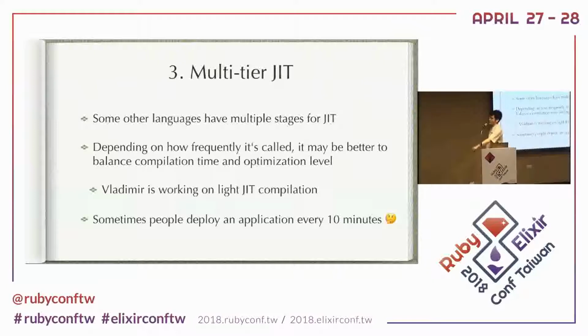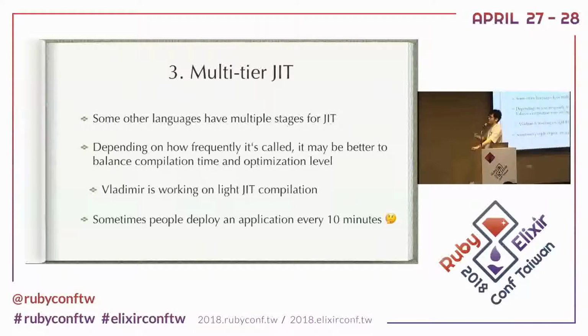Also, Brad is planning to add a multi-tier JIT. It's 2 versions of JIT. Java is doing a similar thing, and it's needed because if the JIT compiler does every optimization, it takes much time to finish the optimizations.